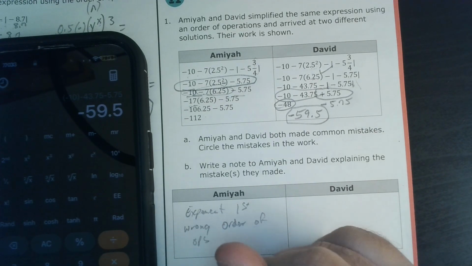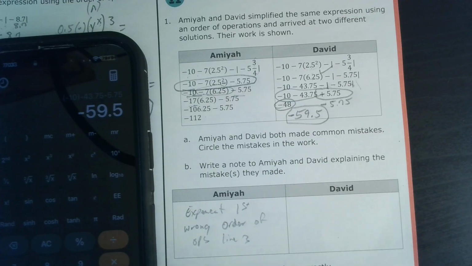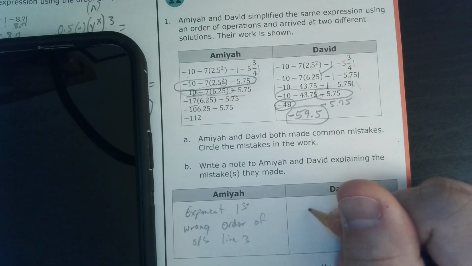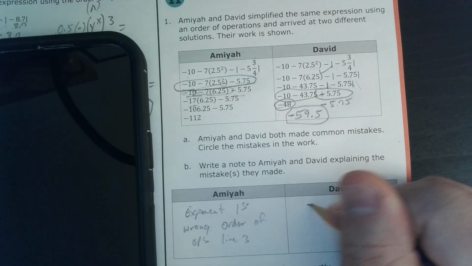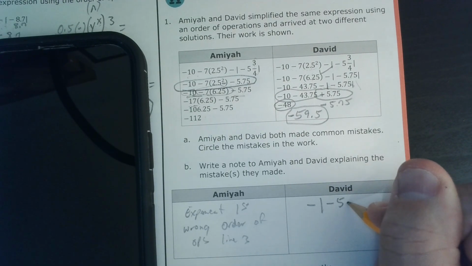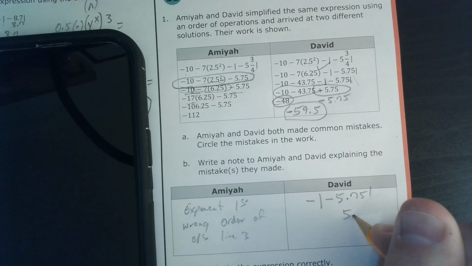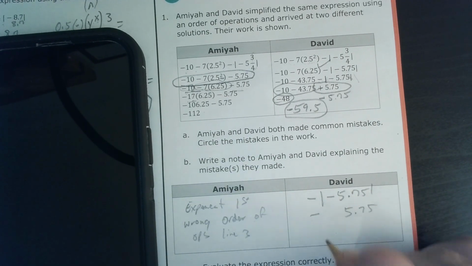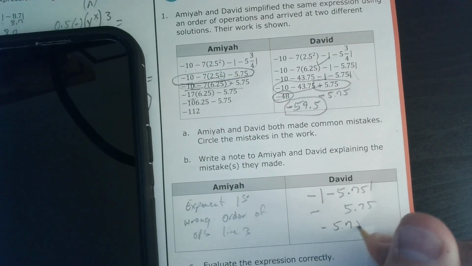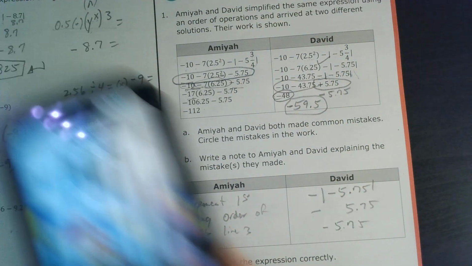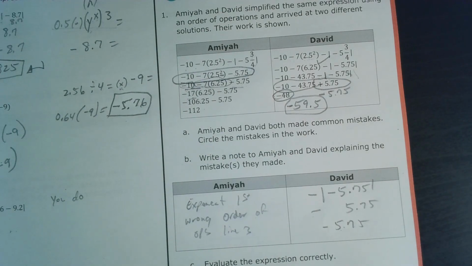And then down here, she had several mistakes, so I'm writing that out instead of all that other stuff.